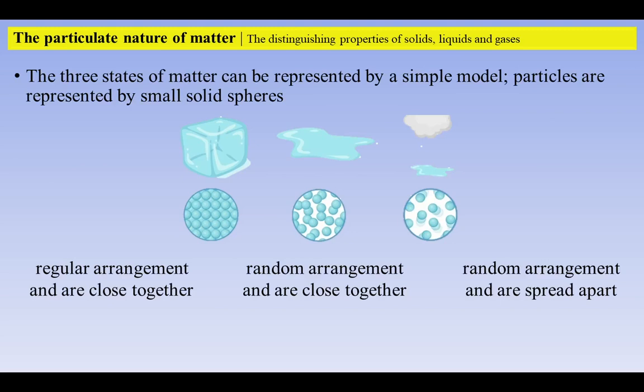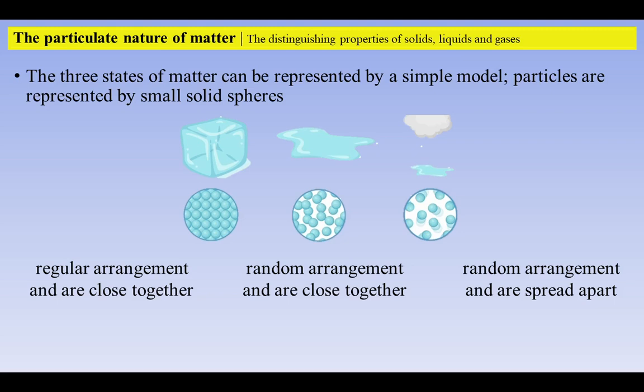So as you can see here, the three states of matter can be represented by a simple model, which means that we will be giving a simple model to represent matter, with the particles making up the matter represented by small solid spheres.